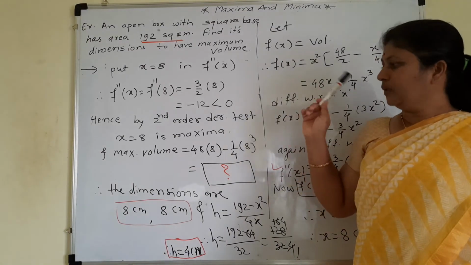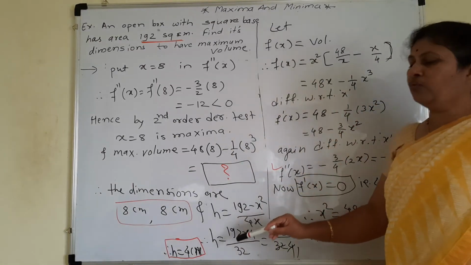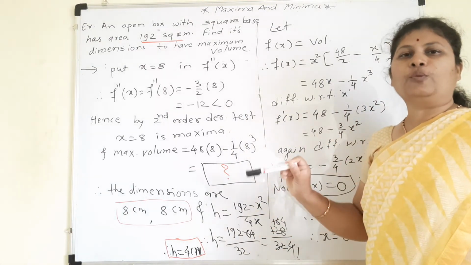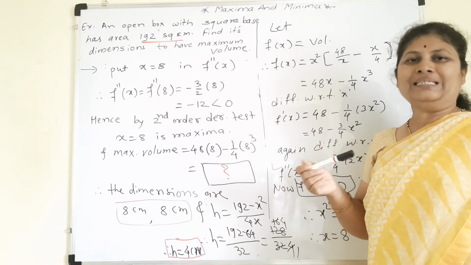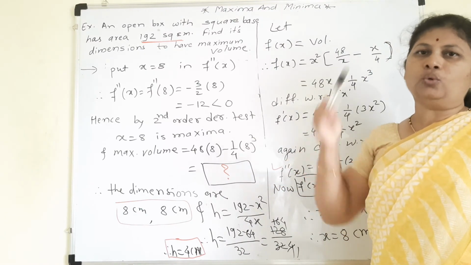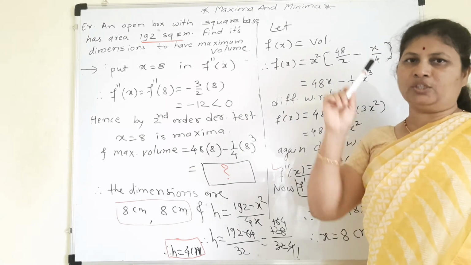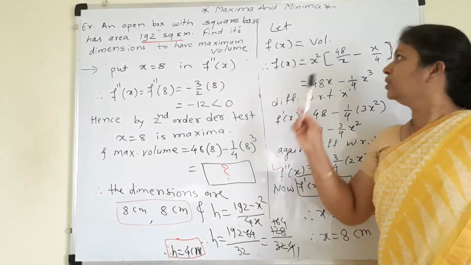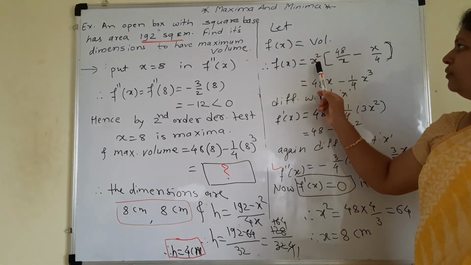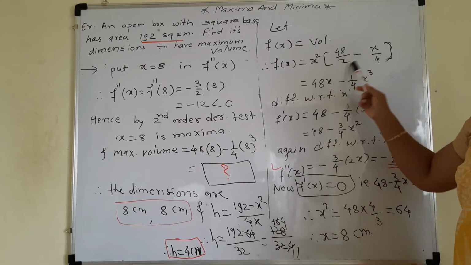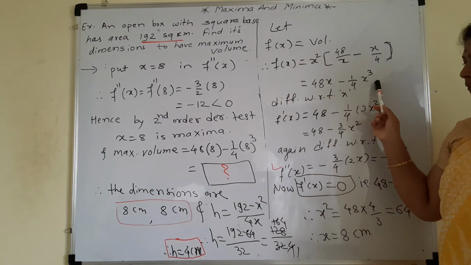After that we find the volume. The formula for volume of the box is length into breadth into height. So x into x into h, x square into h, that is our function. Then we put the value of h. This is our f of x.